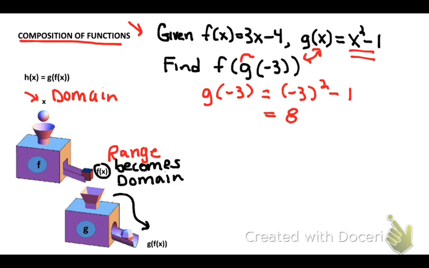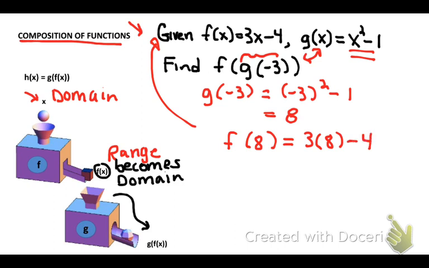So now instead of in here having g of -3, we're going to replace that g of -3 with the 8. So it's f of 8 equals, and we go up to the f of x. So 3 times 8, oops, really messed that up. 3 times 8 minus 4, 24 minus 4, so our final answer is 20.